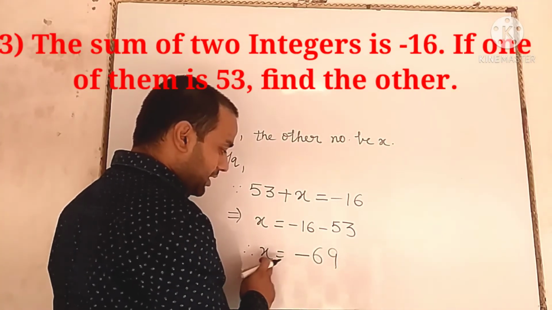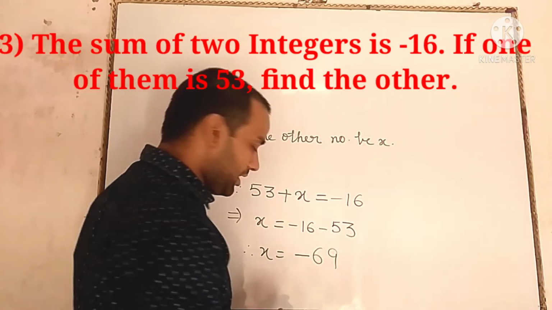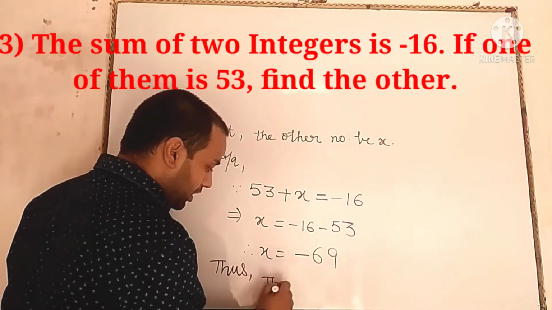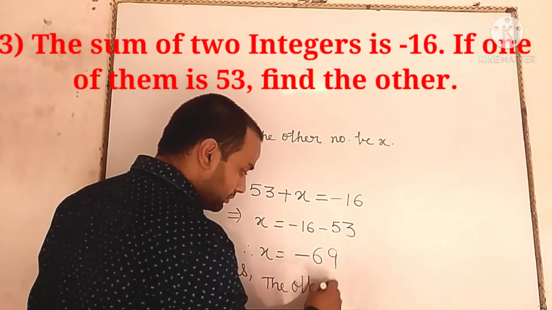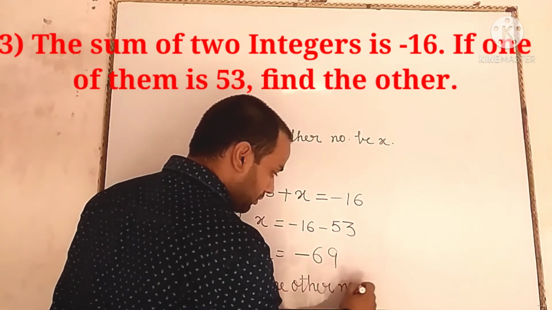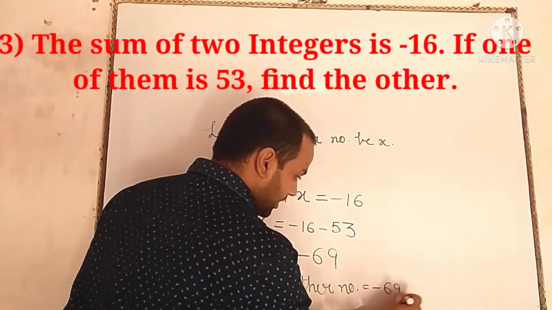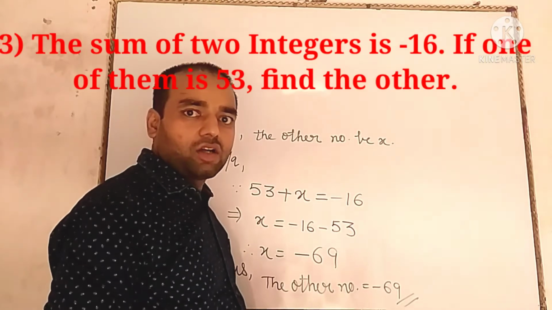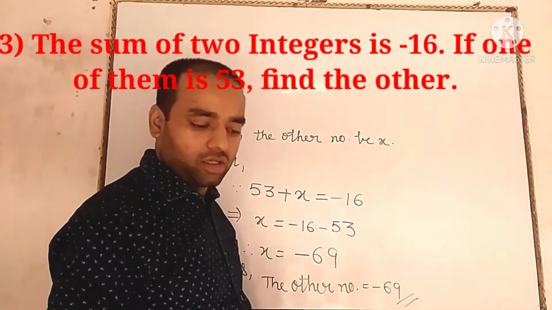Lastly we get x is equal to minus 69. Thus the other number is equal to minus 69. This is your required answer.